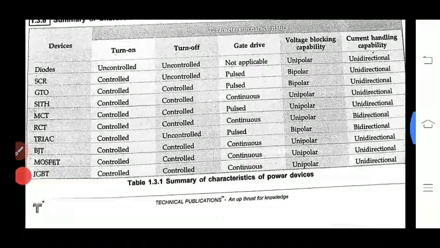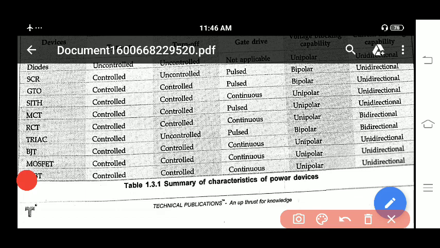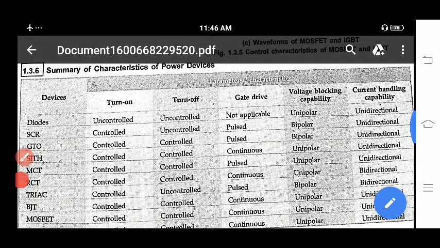Next, we can list out this operation in this table. So diode, this is uncontrolled. Turn off will be uncontrolled. It doesn't have any gate terminal. Voltage blocking is unipolar and current handling capability is unidirectional.